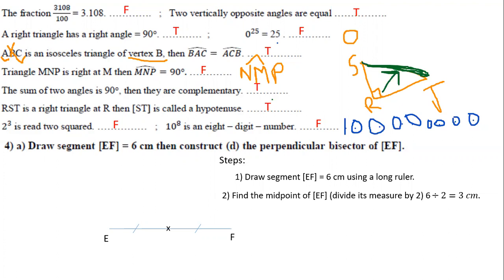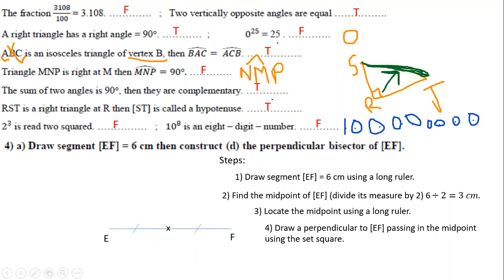Okay. Now, we should draw the perpendicular at the midpoint. We know to draw a perpendicular, we use a set square. So we put our set square on EF, passing through the midpoint, and we draw a perpendicular bisector using a set square. To say that this line is a perpendicular bisector, there is a very important thing we should do, which is the right angle.